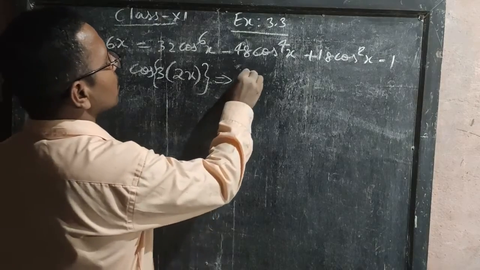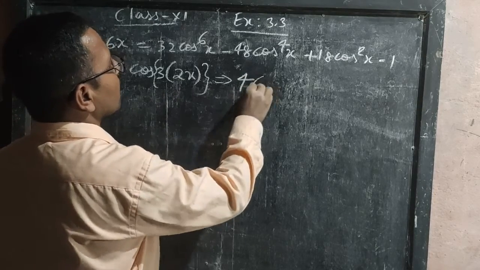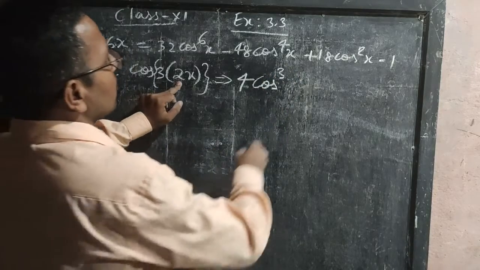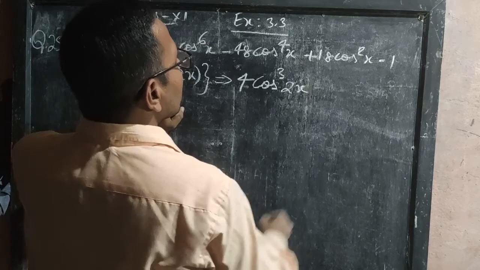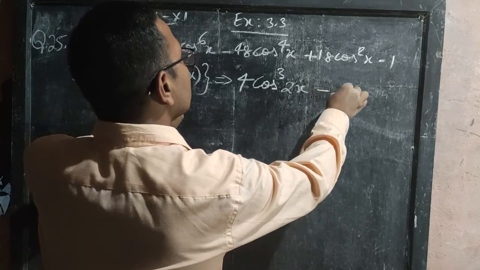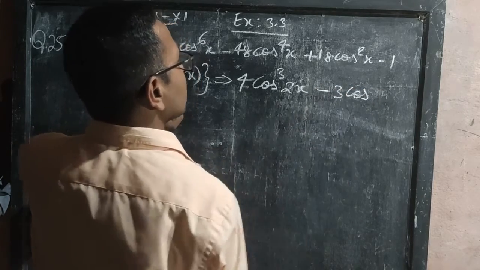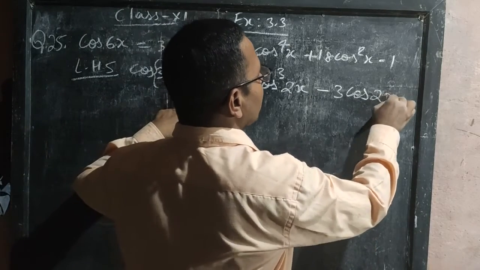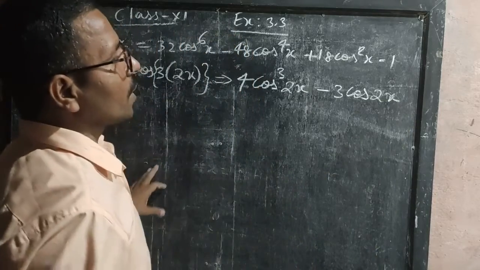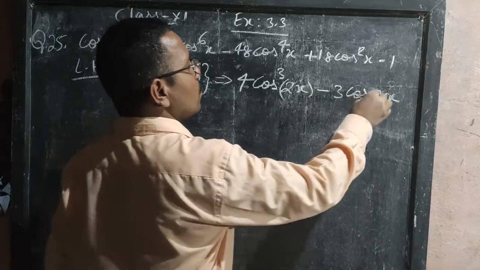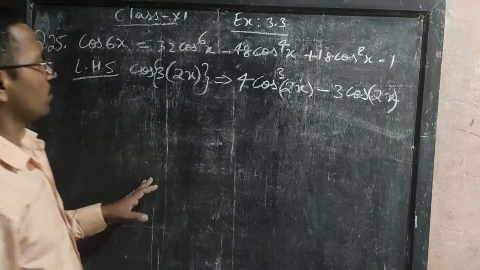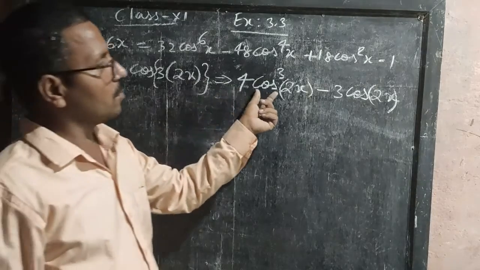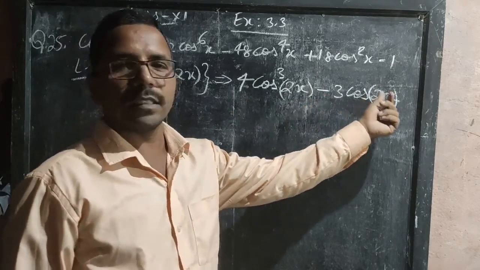So 4 cos cube, at the place of theta 2x, minus 3 cos theta, at the place of theta 2x. This is easy. Up to here no one should have problems, because we have used the cos 3 theta formula, that is 4 cos cube theta minus 3 cos theta only.